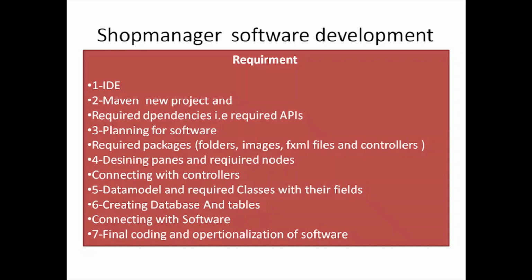So parallelly we have to make a Java class with some fields, and those fields will be in accordance with the database table. Here we will make a database for our shop manager software, and we will create a table, and in accordance we will create a Java class and its fields. So this is the sixth step.